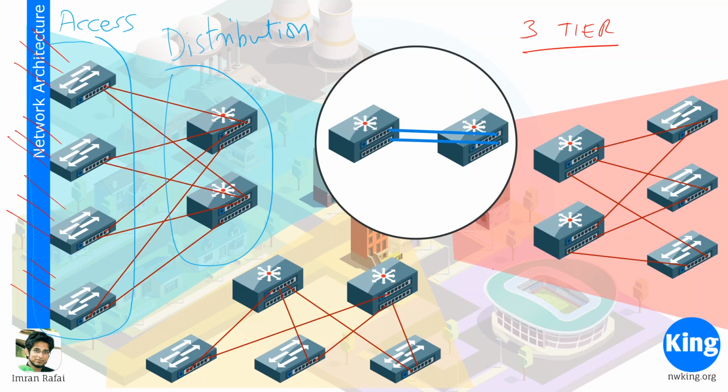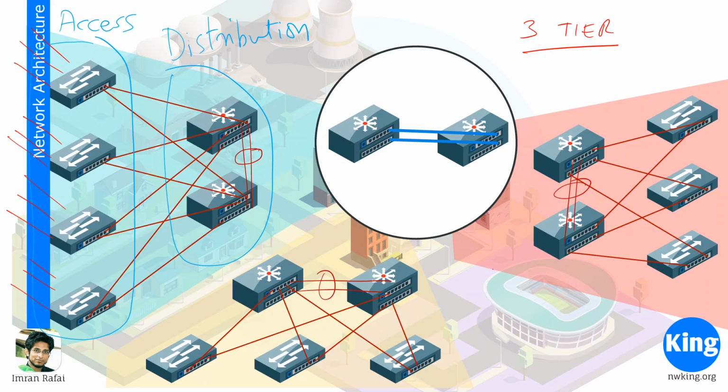The access layer switches will just connect all the endpoints to the network, and distribution layer switches will aggregate all those access layer switches. So each of those access layer switches is connected to each of the distribution layer switches, and the distribution layer switches by themselves would be connected in an Ether channel. So you will have Ether channels between the distribution layer switches.